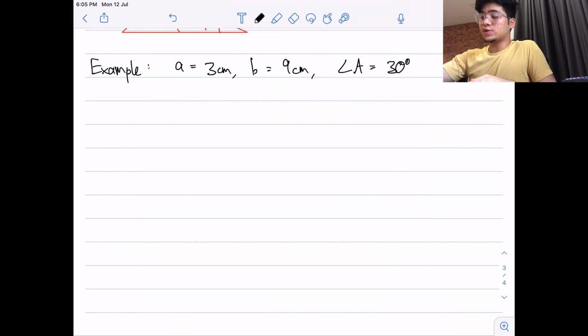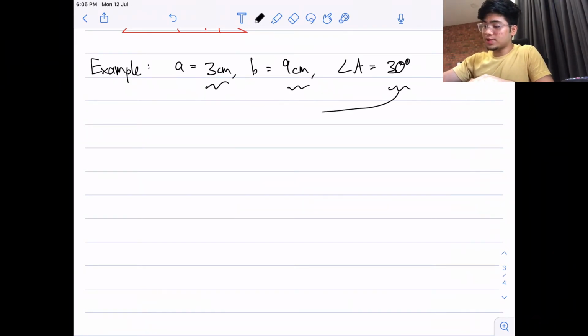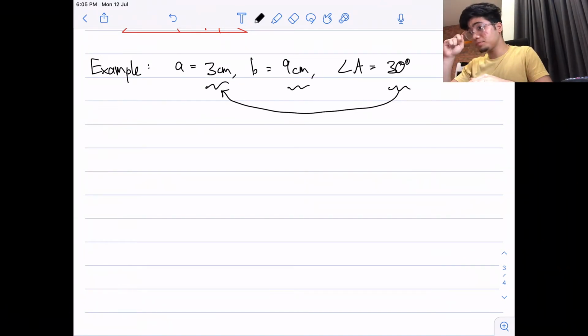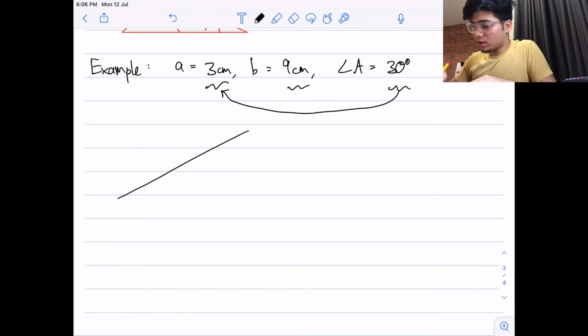We already know they've given us two sides and the opposite non-included angle. The 30 degrees is opposite to the shorter side, which is the 3 centimeters. When you want to draw this triangle, they might ask you to use a scale, but usually we draw with a general ruler. In this case, I'm just going to sketch it out right now.